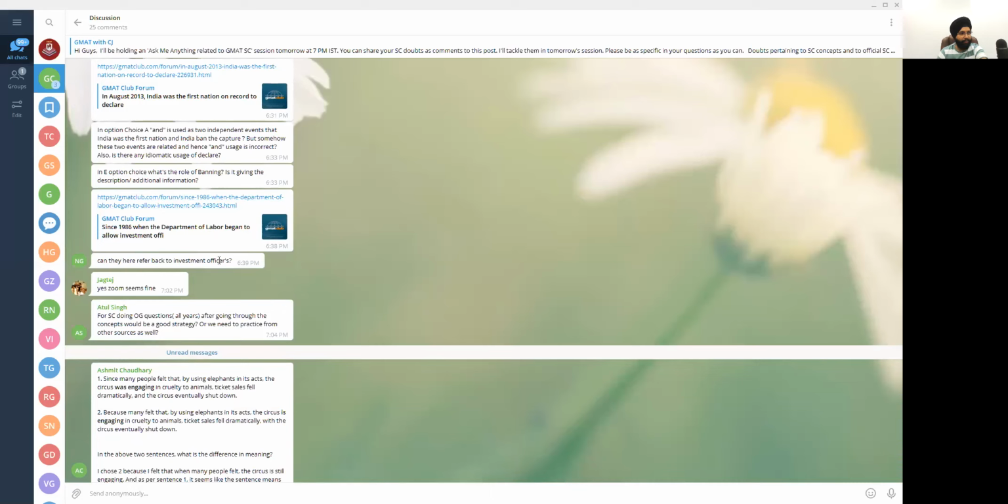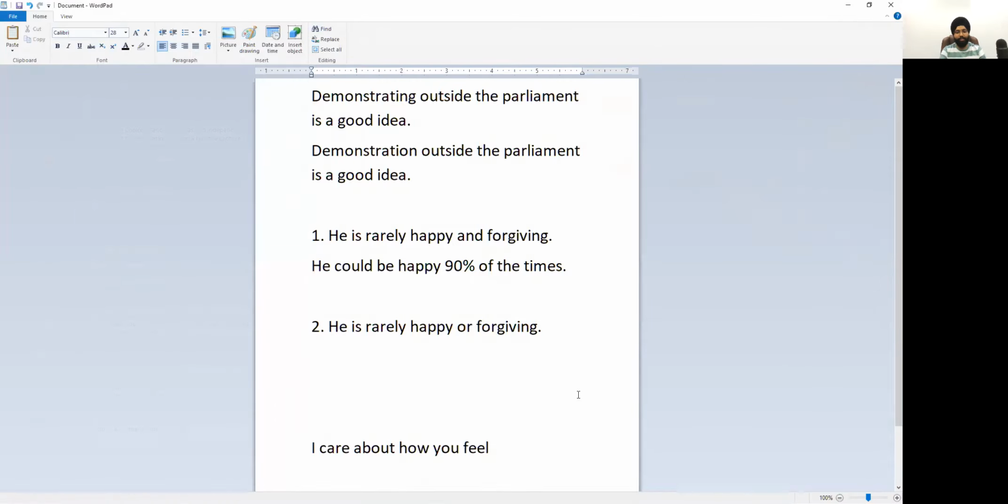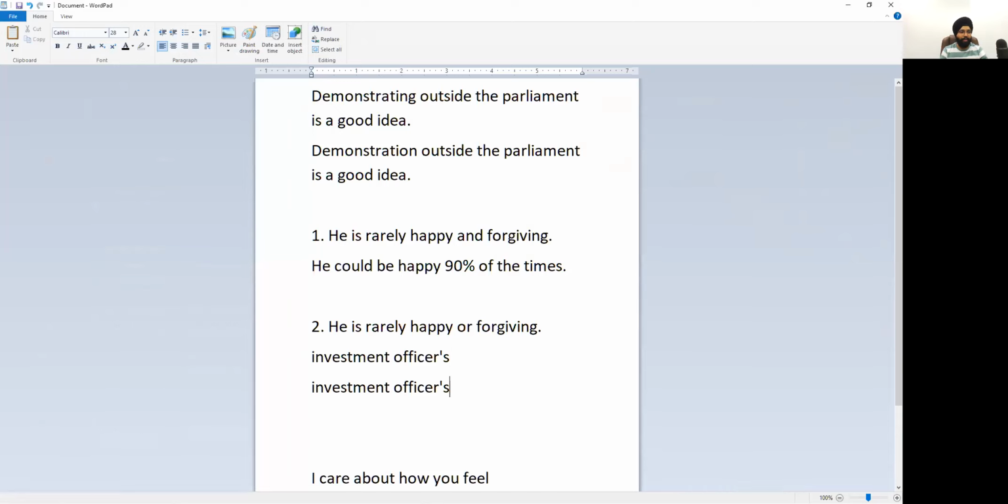Can they here refer back to investment officers? Now, investment officers is a singular noun with a possessive form. Okay, so there is a difference between this one and this one.